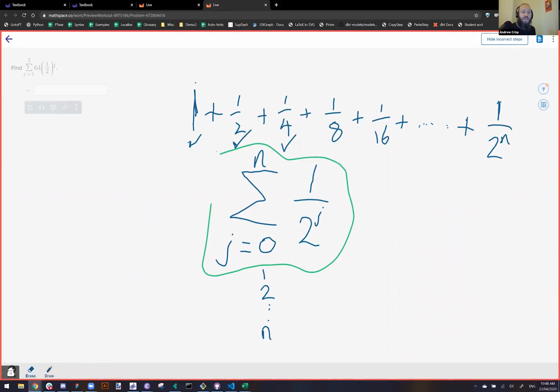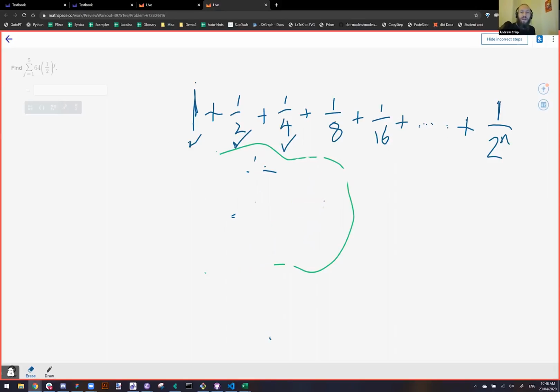But let's switch over now and not do the sigma notation bit anymore. So I'm just going to get rid of this. And instead, we're going to use the geometric series formula to find out what this sum is going to be in terms of n. Sn, and this time I'm going to leave the n. This is the sum in terms of n, because we want this n to be whatever we like.